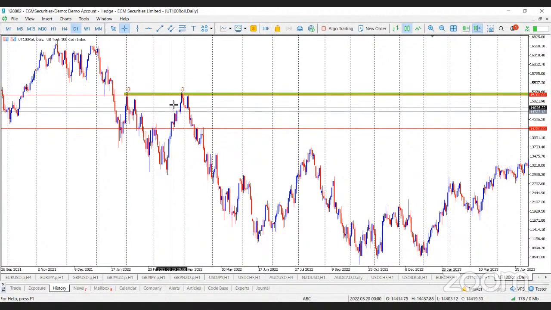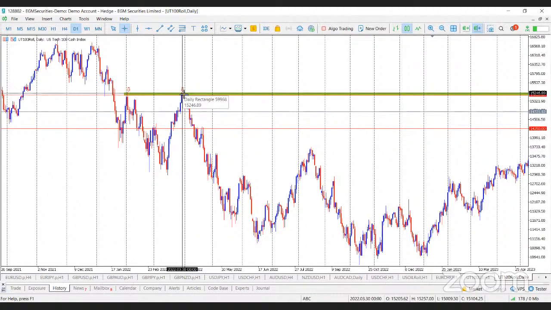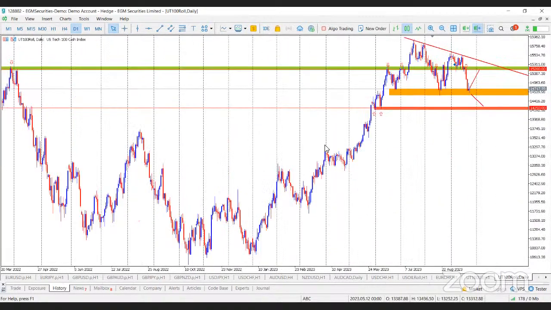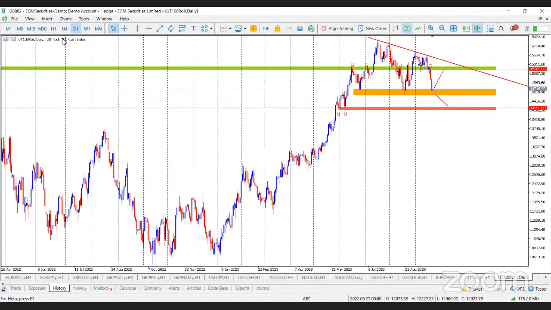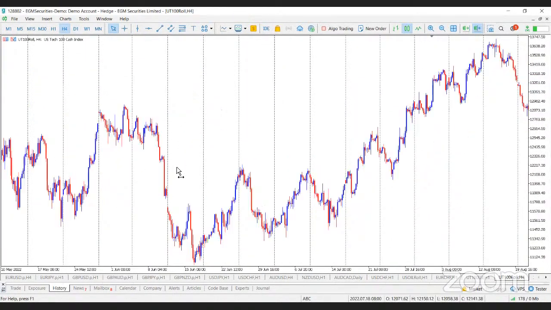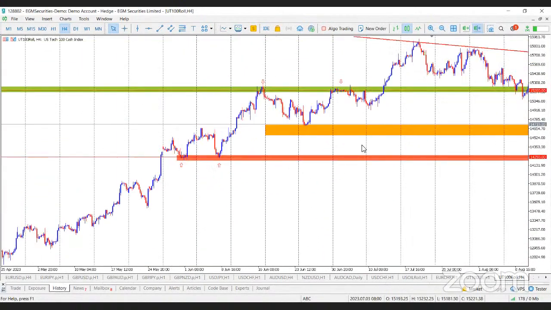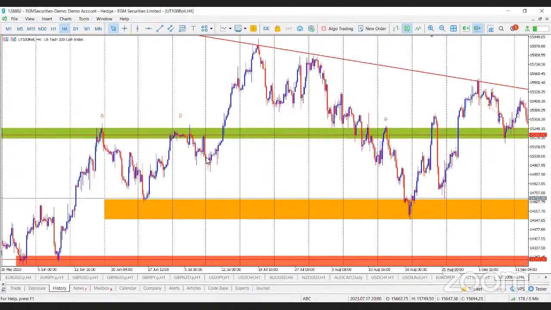Then the market dropped, rose again around 30th of March 2022. Again, price was rejected along the same zone. So fast forward, if we go to a 4-hourly time frame, the same zone seems to act as resistance a number of times.